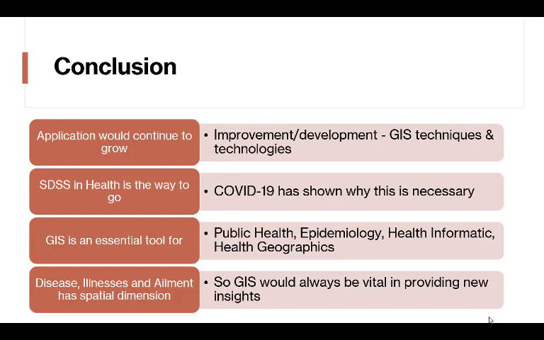Another aspect is that the spatial decision support system is the way to go. And COVID-19 has actually shown that this is very important. Spatial decision support systems have been used in knowing where to start the vaccine deployment, the vaccination programs, how to go about implementing lockdown, where the disease is going up, where we should have a restriction, what we should limit, and so on.